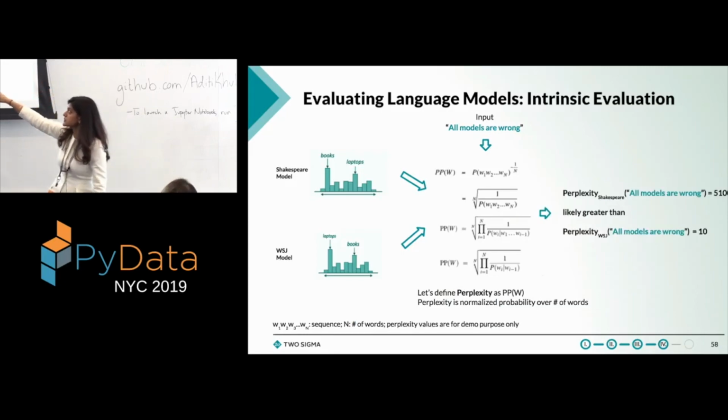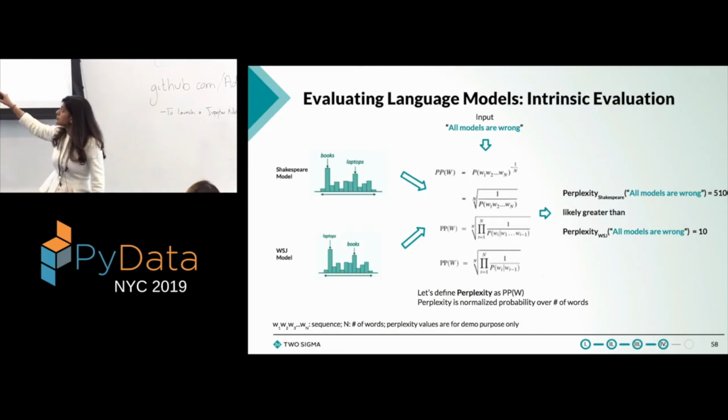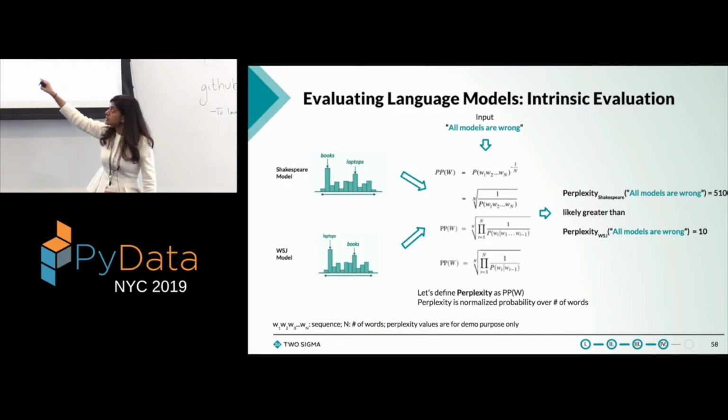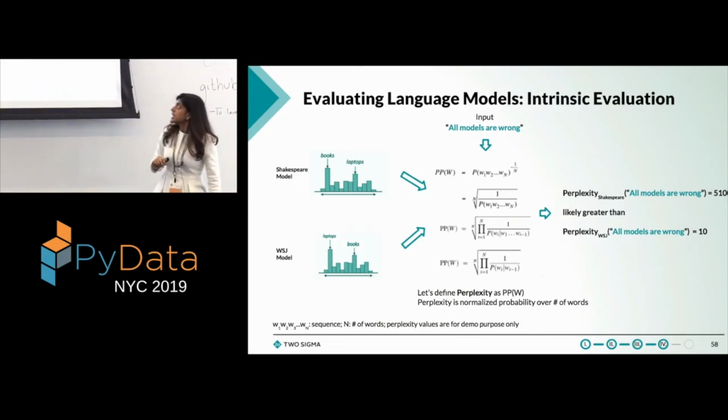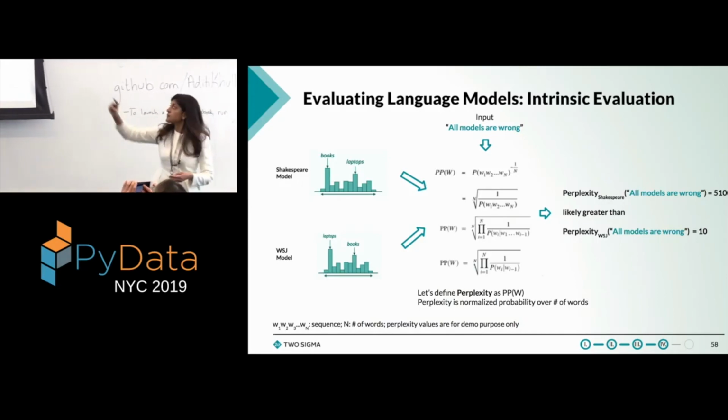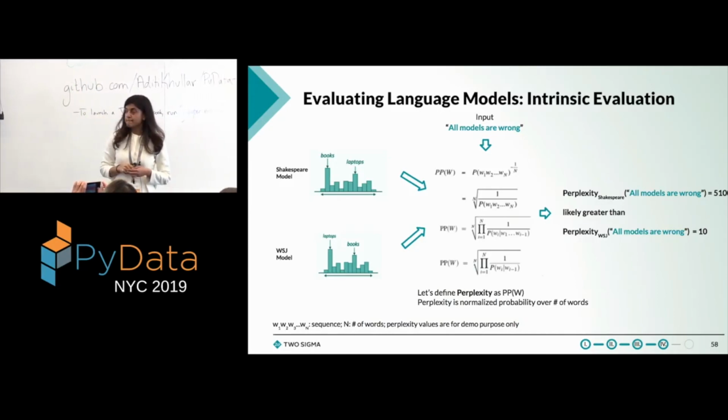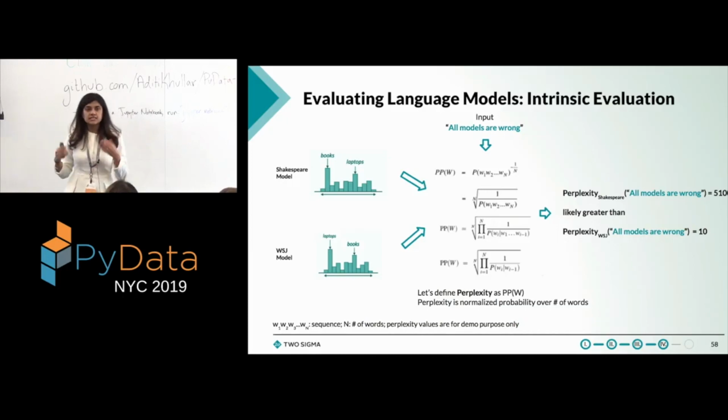Now, coming back to what this framework is, I am trying to see which of these 2 models has a higher probability of seeing "all models are wrong." Perplexity here is nothing but probability normalized over the number of words.